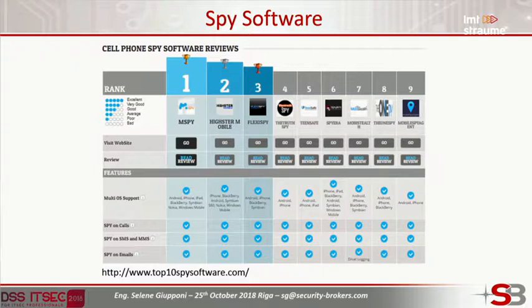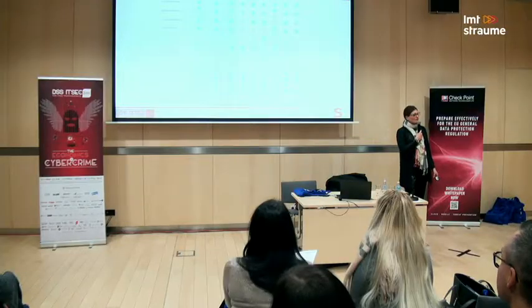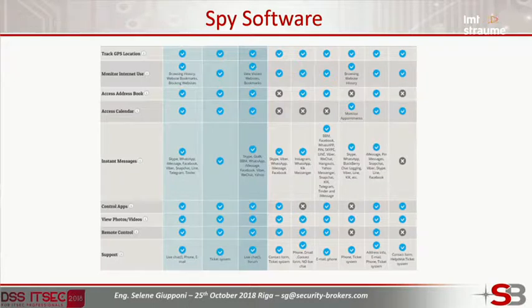Online we can find everything about it, and all the features of the different spy tools. You can see, for example, in the last line that a lot of spy tools also offer support to non-experts.